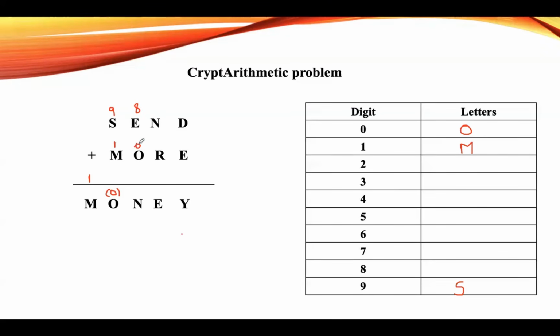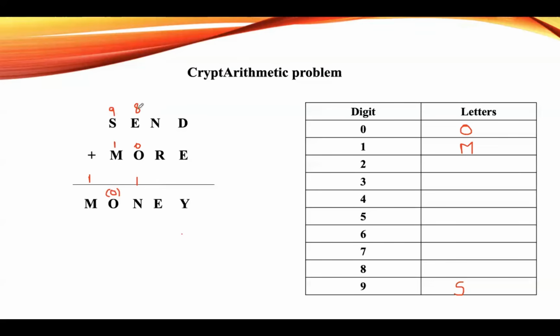So 8 plus 0 gives you 8 only, but this 8 is already assigned to E, so we can't assign the same number to one more letter. In that case, we need to take a carry. If you take a carry, 8 plus 1 gives you 9, but 9 is also already assigned to S. So you can't take either 8 or 9 now.